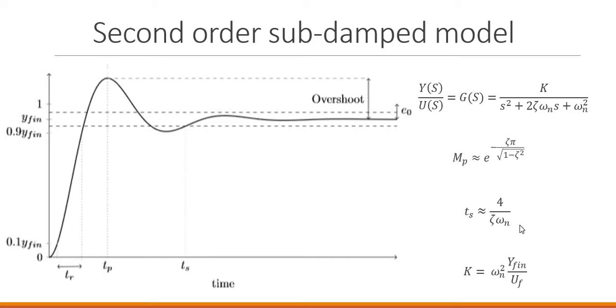And then once we have omega n, or natural frequency, we will be able to calculate k. And k is obtained by omega n squared times the settling value, that is this value over here, divided by UF, where UF is a step input value that I will show in a minute. So let's get over with this and head to the Simulink model.